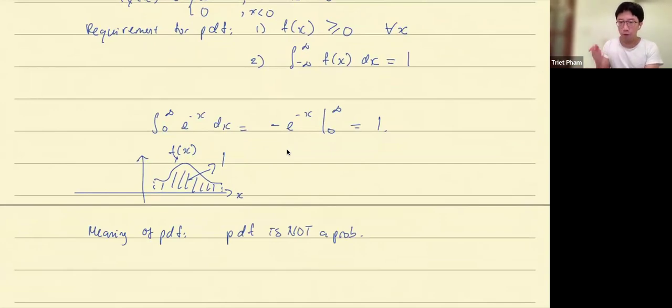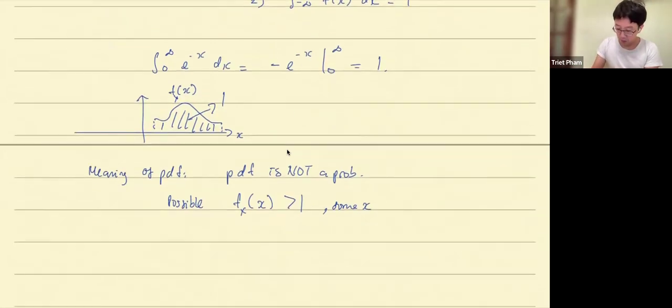In fact, it's very easy for you to have a density where the density value is bigger than 1. It can be done. It's easy. The thing is, again, it's non-negative, so it's similar to probability that way, but there's no upper cap. It can be bigger than 1.